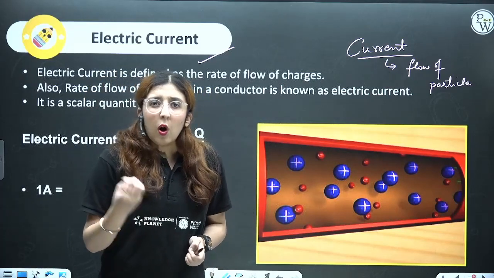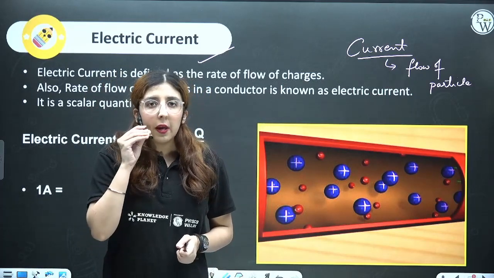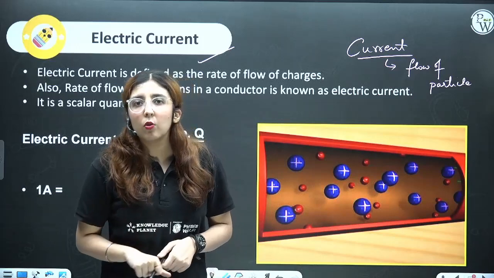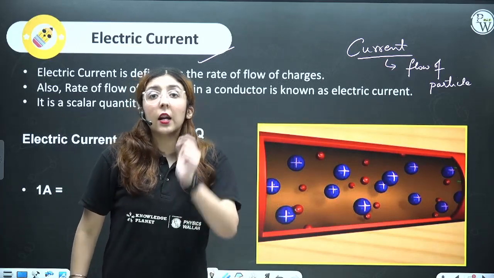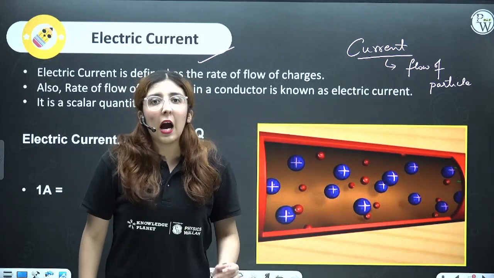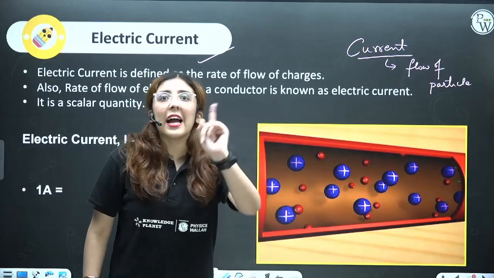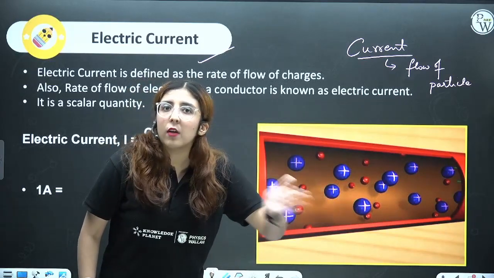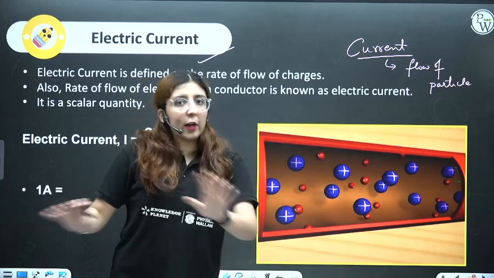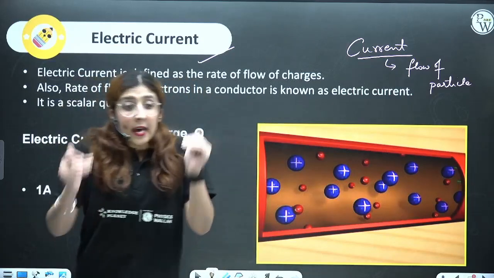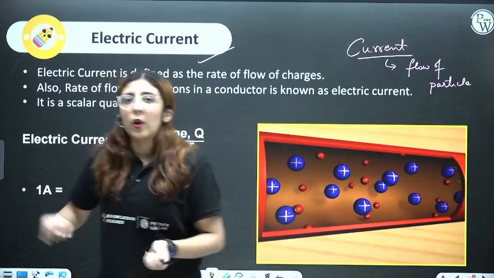Now, what exactly would electric current be? When we talk about electric current, kids, certainly we are being specific. Electric current means flow of electrons I am concerned with. I don't care about water, I don't care about air. Right now I am concerned with electrons.